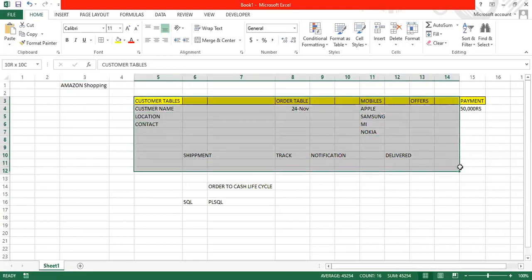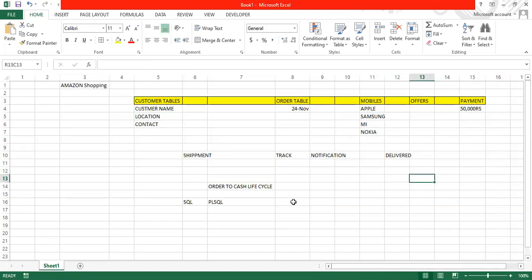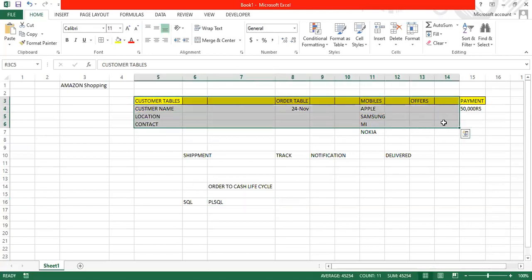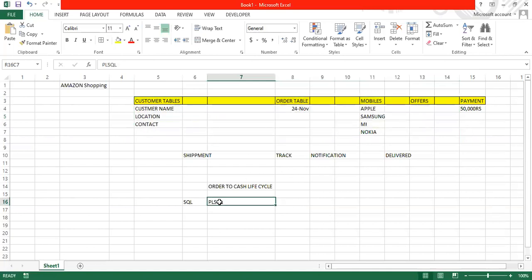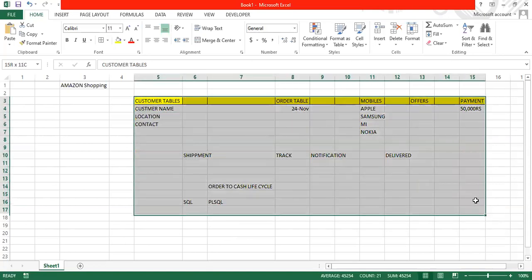So I will need knowledge of both SQL and PL/SQL. Okay. For SQL, I need to know how to create tables, which we will discuss in a coming session. And once we are thorough with SQL, we will understand how exactly PL/SQL is used for writing the logic.